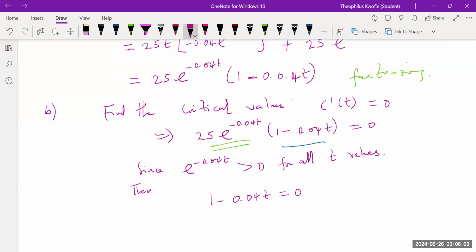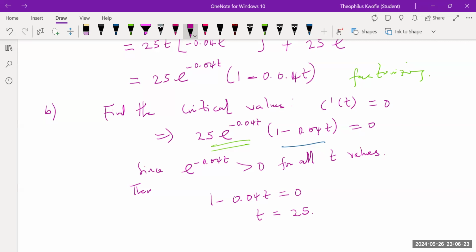It's the only thing that can assume 0. On that note, our t should be 25. When you solve for t, you should have that. So t equals 25 is the only critical value.